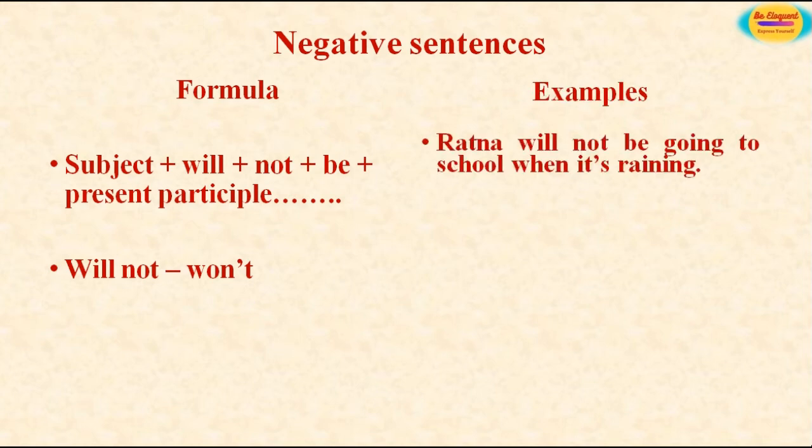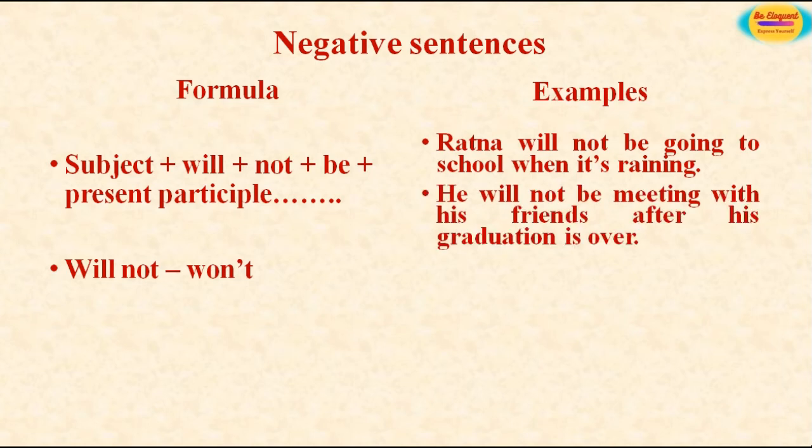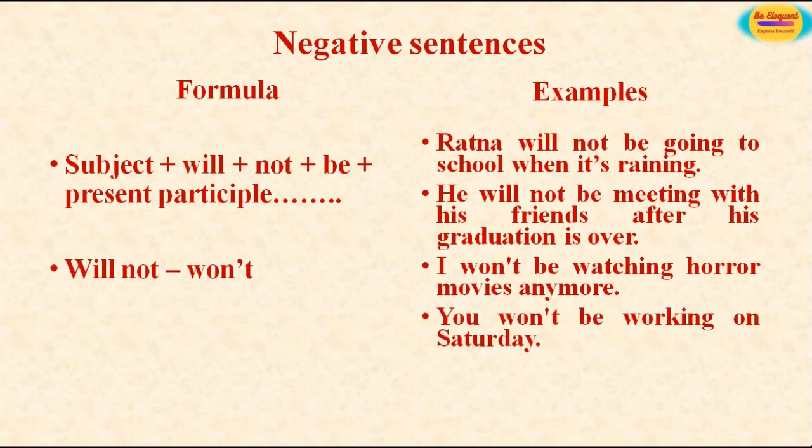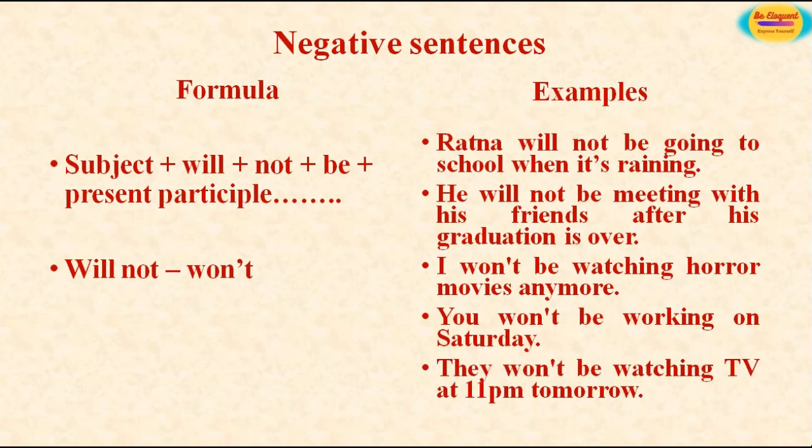Examples: Ratna will not be going to school when it's raining. He will not be meeting with his friends after his graduation is over. I won't be watching horror movies anymore. You won't be working on Saturday. They won't be watching TV at 11 p.m. tomorrow.